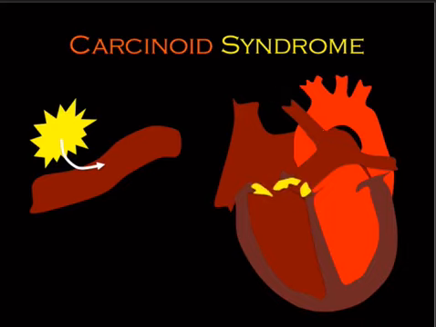So your tricuspid valve and your pulmonic valve are the ones that are going to get degraded, and they both can end up with regurgitation. So carcinoid syndrome affects the tricuspid valve and the pulmonic valve, and that's how you can remember that.